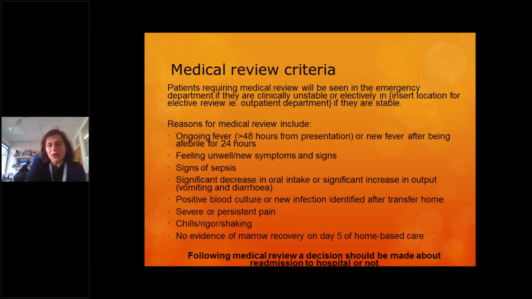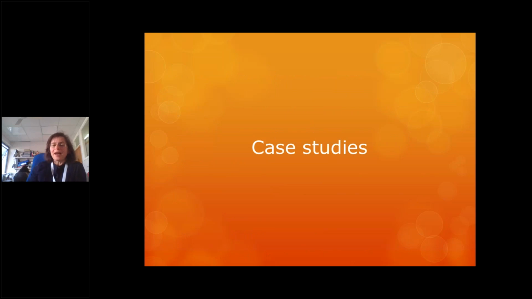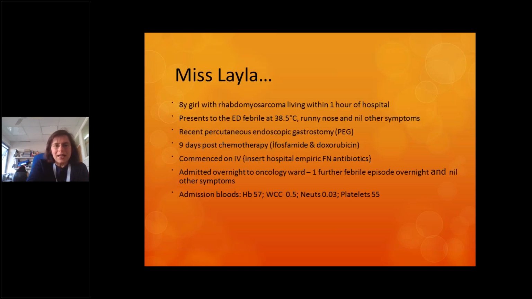So this is a different way of working, and I just wanted to walk you through a couple of case studies and see what we would do, how we can re-stratify these patients, and what we would do if we had these patients coming through our A&E doors.